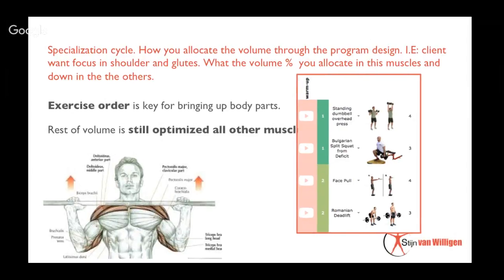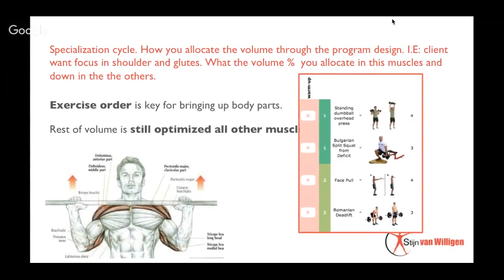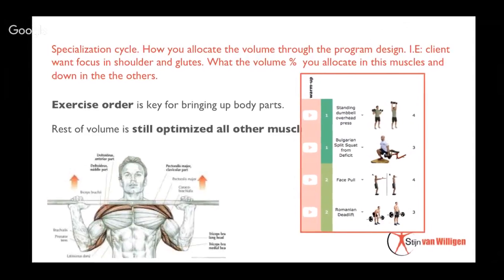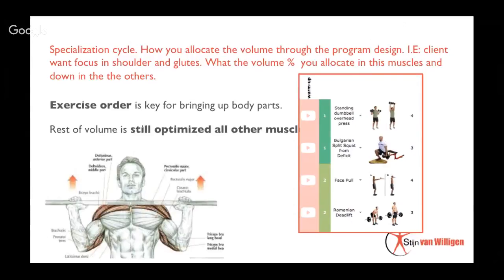Well, I don't think you should train other muscles less when trying to focus on certain muscles. So basically, I would optimize the training volume for every single muscle based on how advanced it is.